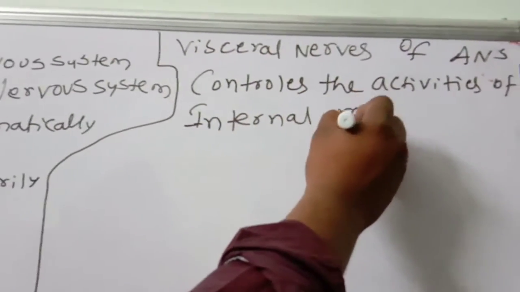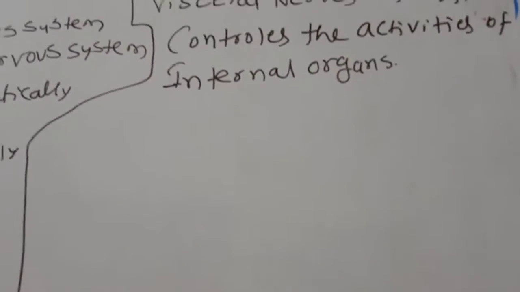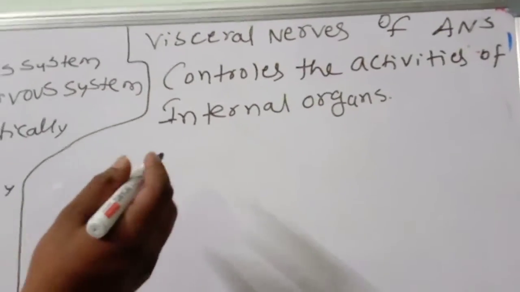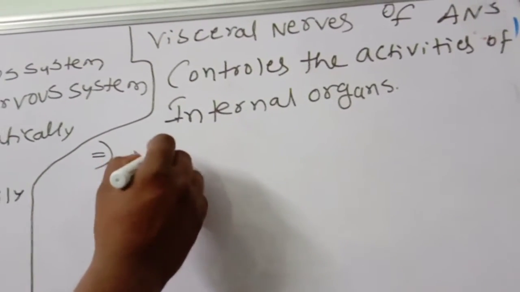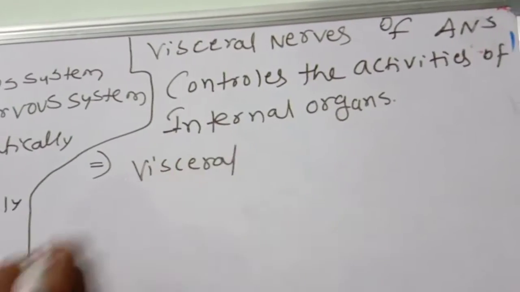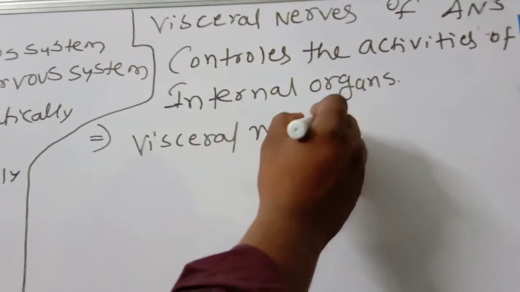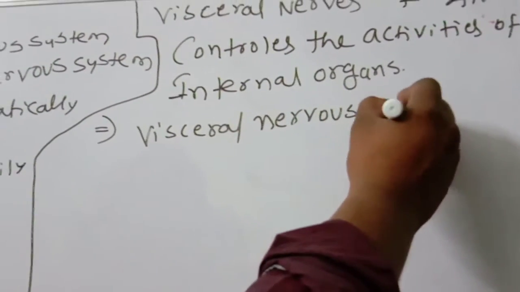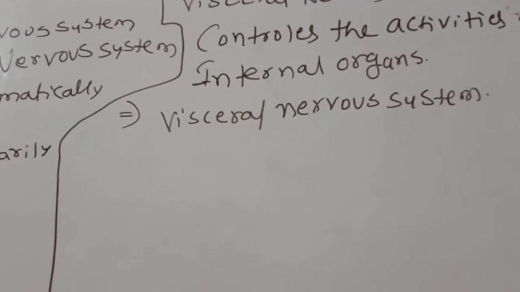These points you should remember. That's why it is also called the visceral nervous system. Another name of the autonomic nervous system is the visceral nervous system.